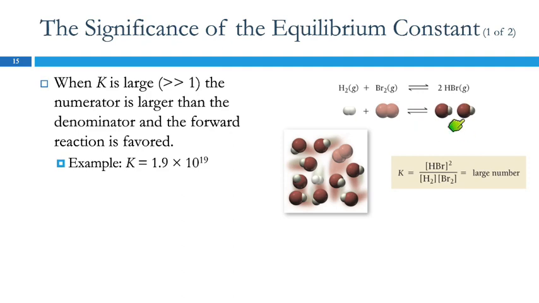Well, if the product concentrations are high and reactant concentrations are low, that tells us that the forward reaction is favored and that the equilibrium lies towards the product side. And what do we mean by big? Something like 1.9 times 10 to the 19th power. When we say big here, we mean big. Okay? Any questions about that?